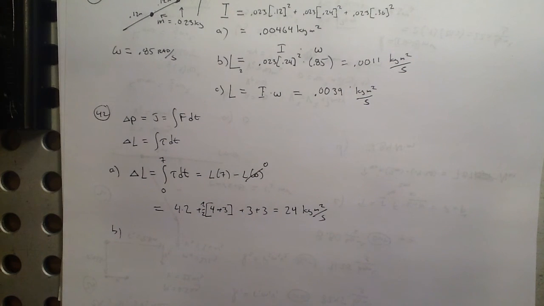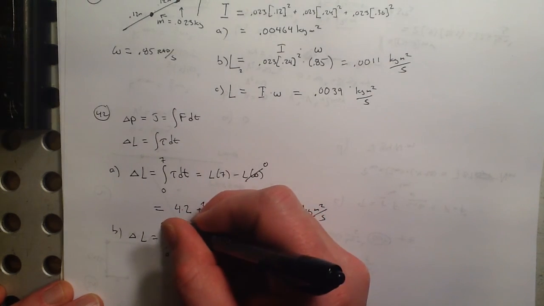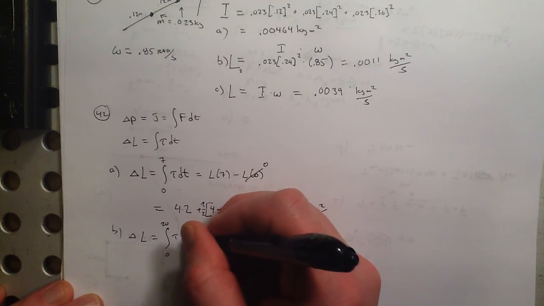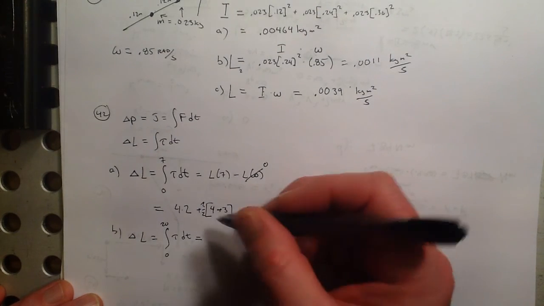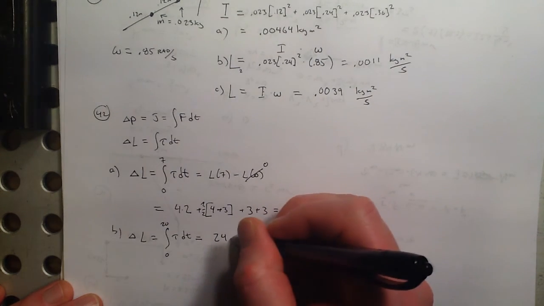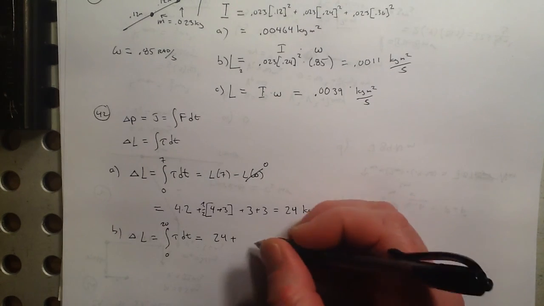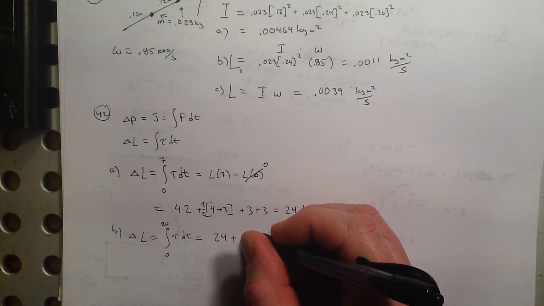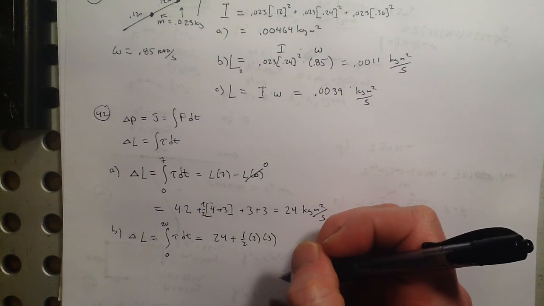And then B, we want to find also at time 20. So the change in angular momentum, talking about from 0 to time 20. I already know I've got up to 7, and I know that it's 24, plus, when I go from 7 to 9, I have a triangle. I'm looking at the time axis here, so from time 7 to 9 I have a triangle, 1/2 base times height, which is 3.